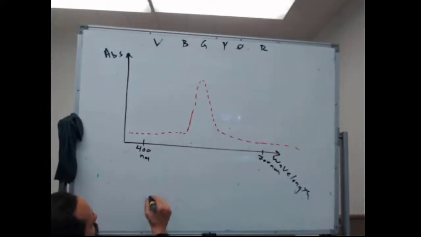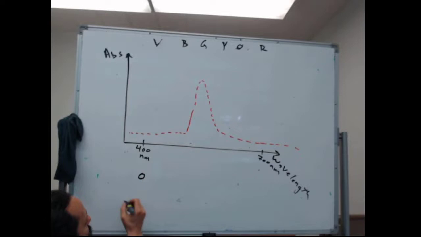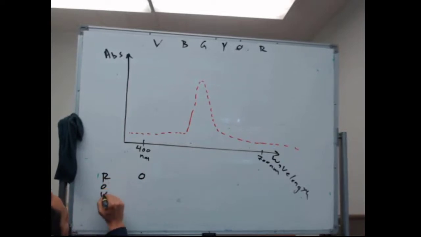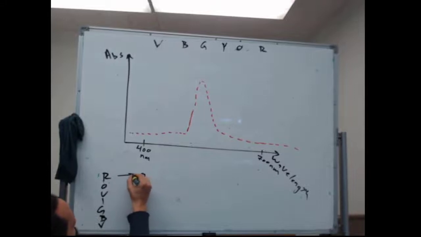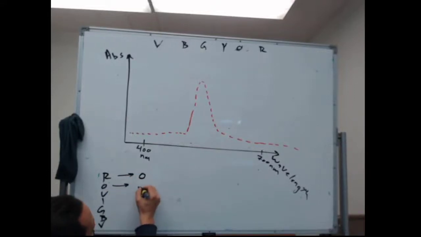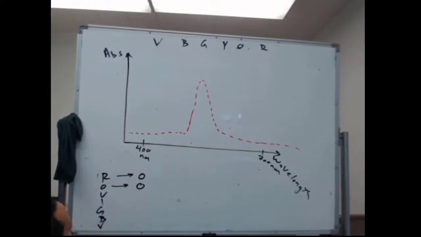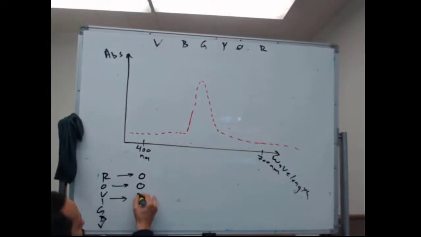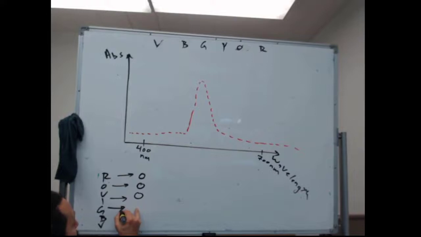For this one, we've got nothing absorbing in red, so that would correspond to a 0. Orange doesn't really have anything absorbed, so that's a 0. Yellow doesn't really have much absorbed. Green does, so that would get a 1. Blue doesn't, and purple doesn't.